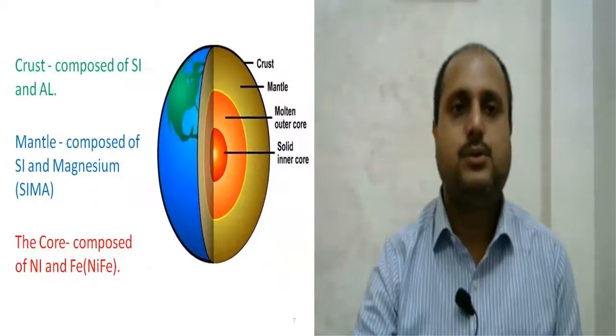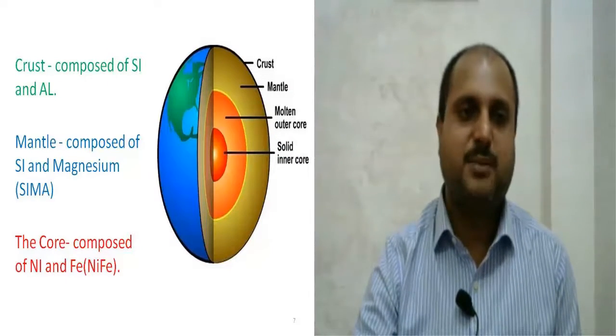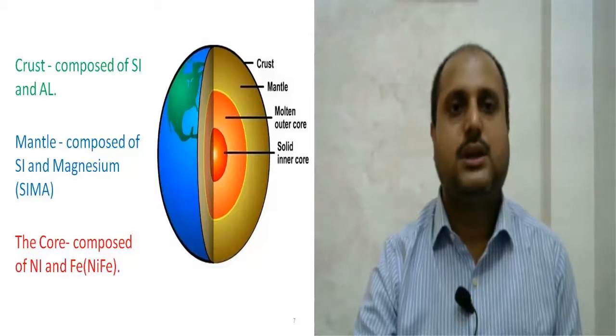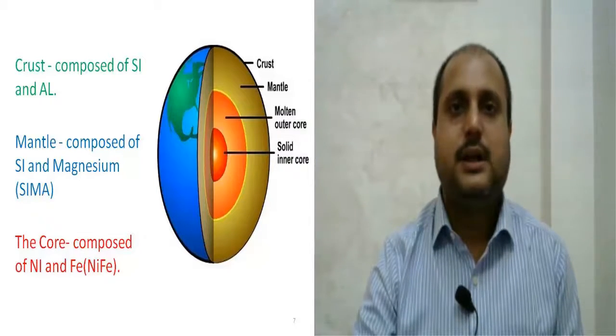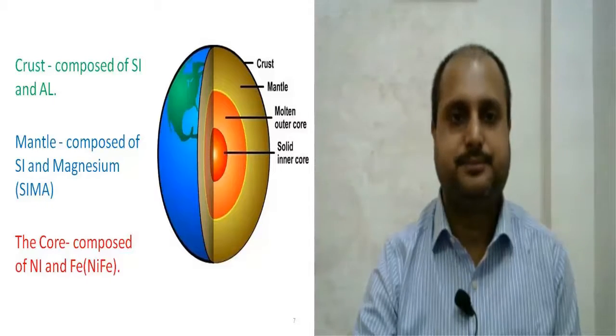The crust is composed of silicon and aluminium, and that is why it is called Sial. The mantle is composed of silicon and magnesium, and that is why it is called Sima. And the core is composed of nickel and iron, and that is why it is called Nife.